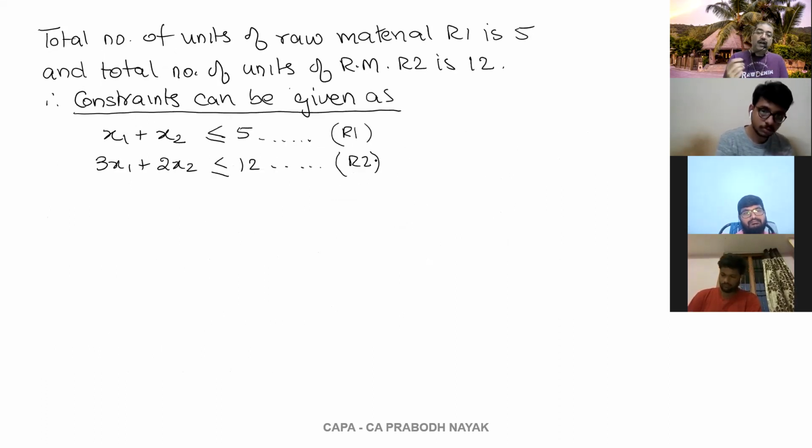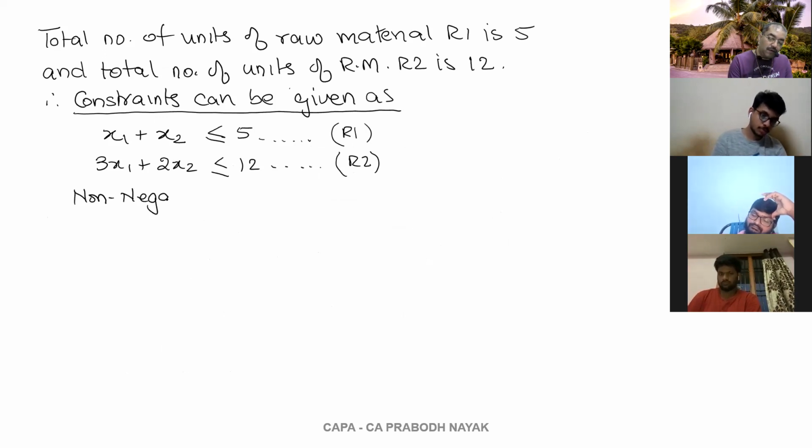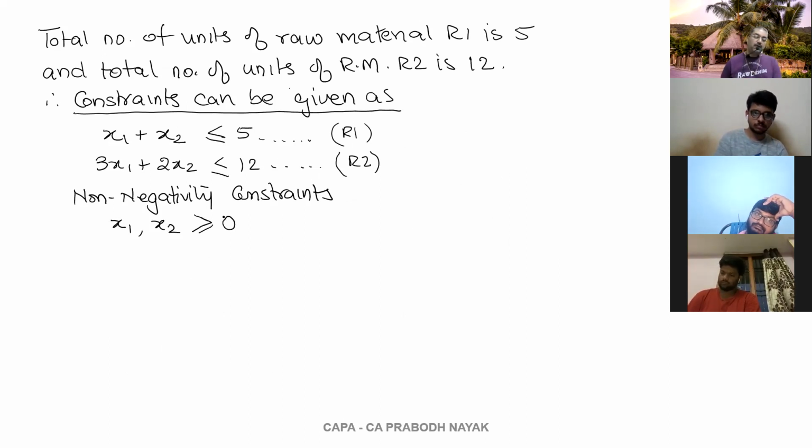These are called non-negativity constraints, and this will be common for all problems: x1, x2 greater than or equal to 0.